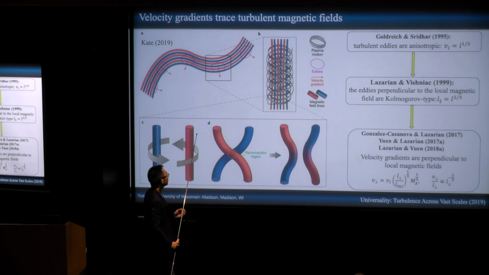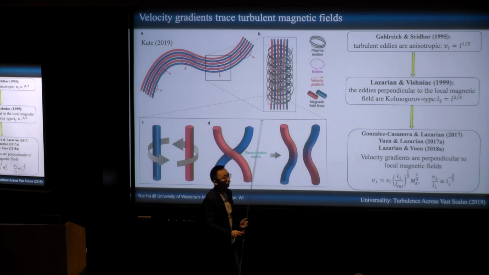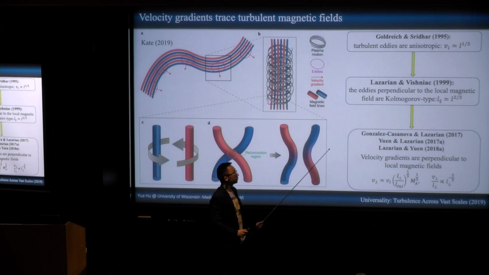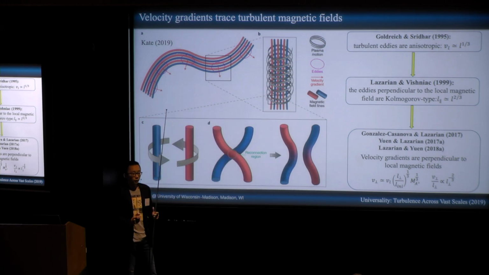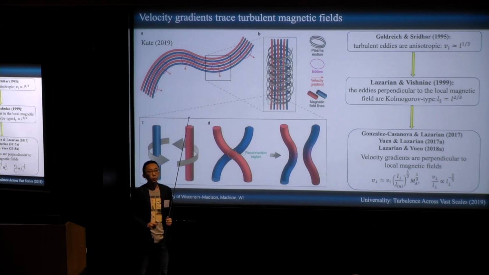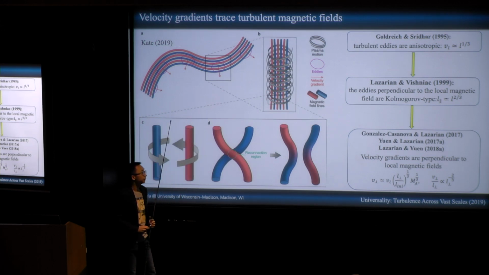And due to the fast reconnection, Lazarian and Vishniac showed the eddies also follow the Kolmogorov scaling. In this case, we can easily derive the correlation that the velocity gradients are perpendicular to the local magnetic fields. So that means we just need to rotate the velocity gradients by 90 degrees, and we can find the direction of the magnetic field.